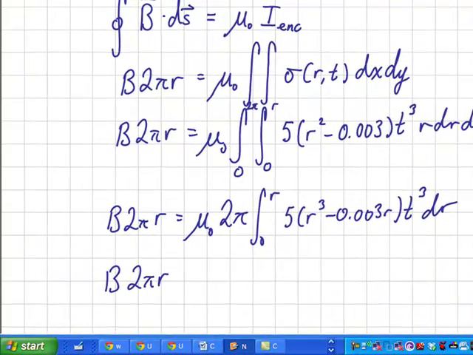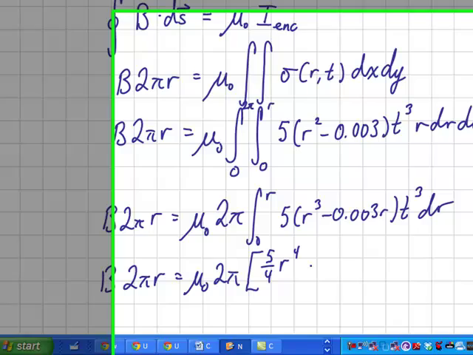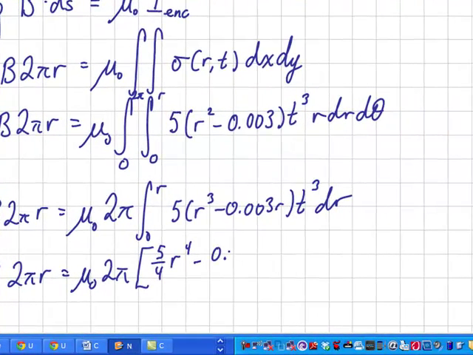Our final solution will be a function of t. And then we're going to get 5/4 r to the 4th minus 0.003 over 2 r squared.